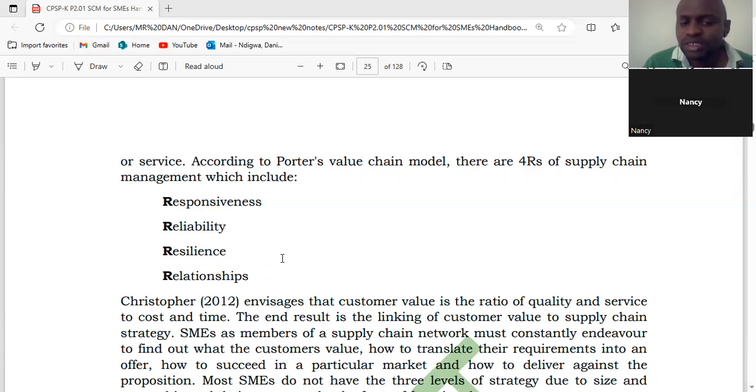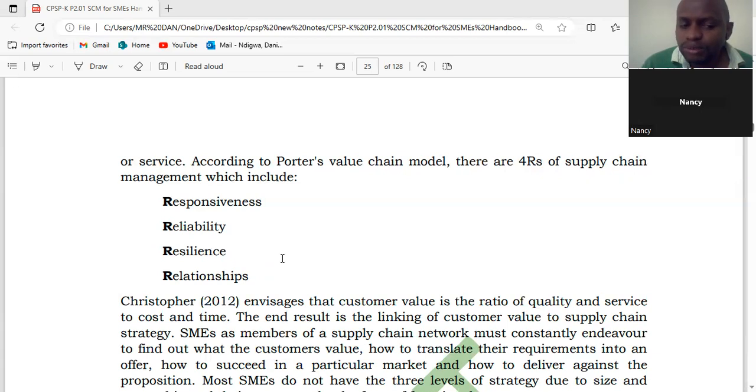Then the issue of resilience is also very important. And resilience here, we are looking at cases where, in case of an event that is happening, are you going to remain consistent in what you do? Then the issue of relationships is also very, very important. You need to build relationships both in the long term and in the short term.